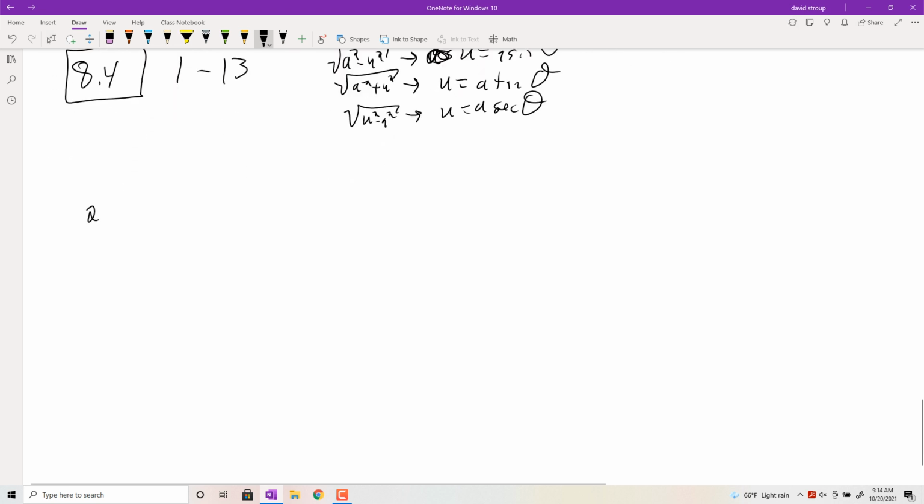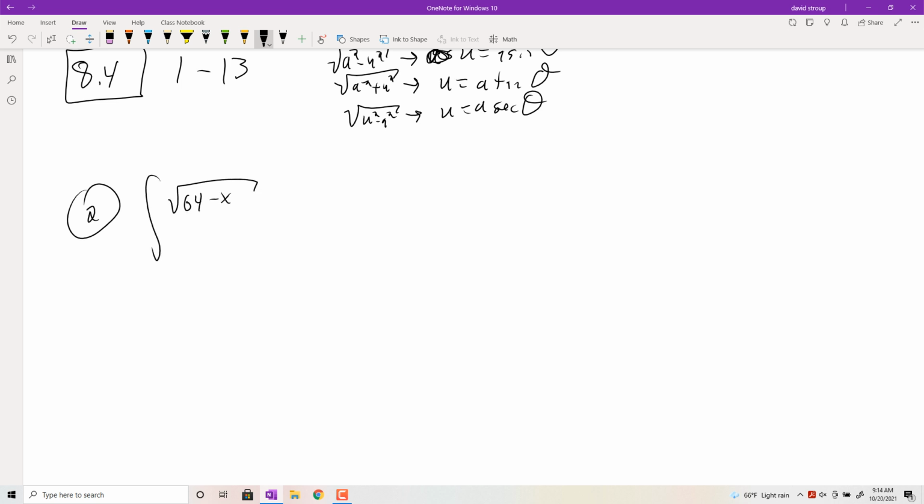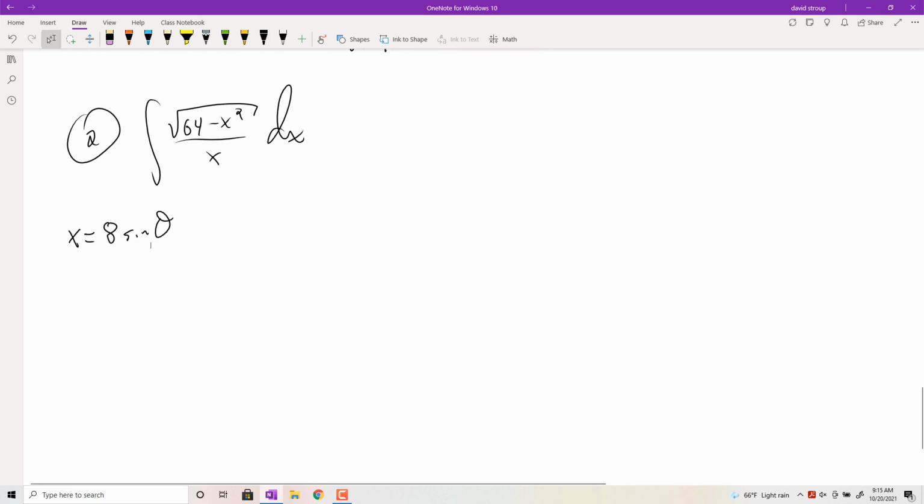So let's look at number 2. We have the integral of the square root of 64 minus x squared all over x dx. And from the form, I can tell it's a sine sub. So our x in this case will be 8 sine theta. And I like to get all my information first, and then I'll go ahead and start subbing.